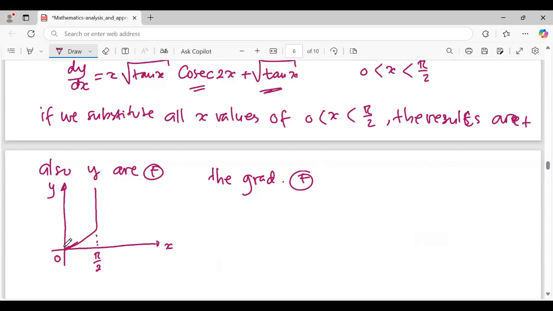Yeah. There are two ways we state that the gradient is positive. The first one through the values of x and y, and the second through this graph. Both of these ways show us that the gradient of these equations is always positive.